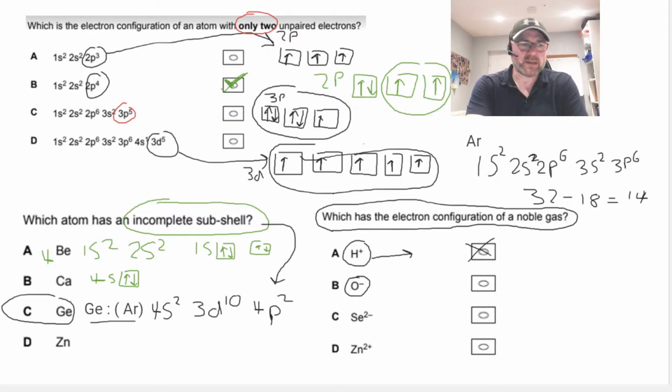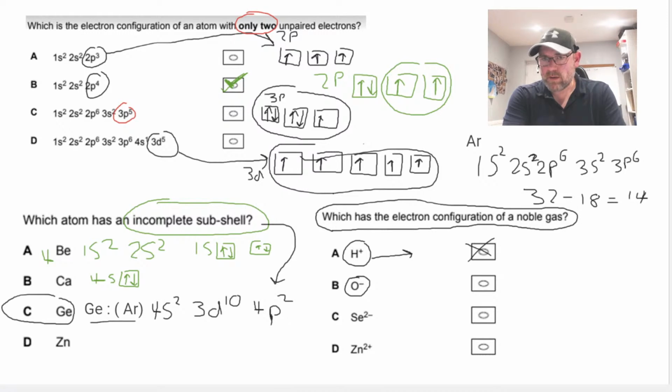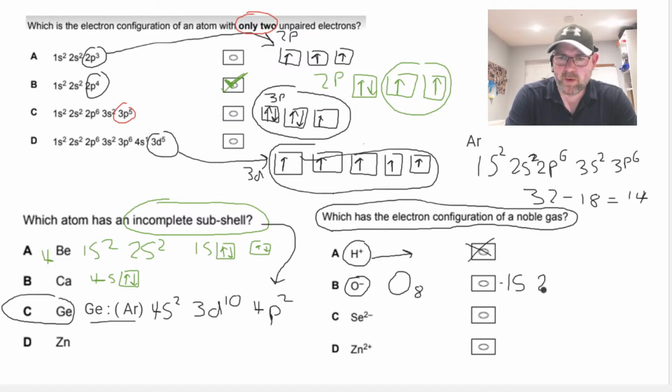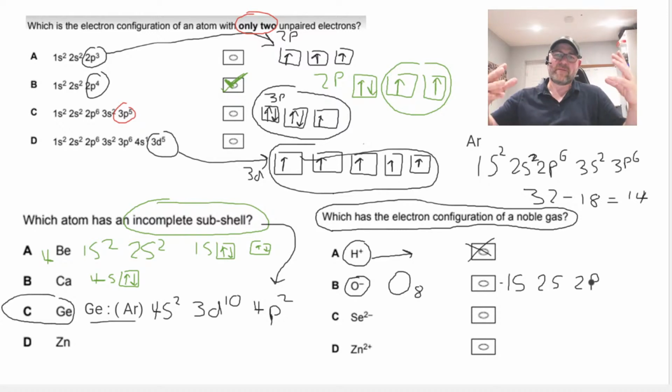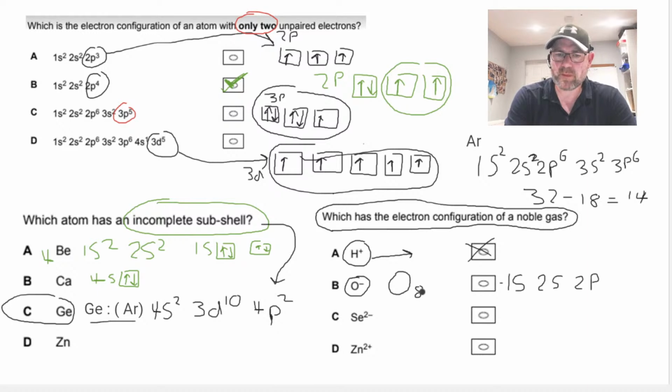Oxygen with a minus, I'm just going to do this last one here. You might remember oxygen has 8 electrons. So Zainab, what would be the electronic configuration of oxygen normally if it has 8 electrons? Normally oxygen's got 8 when it's an atom. So we would go 1s2.